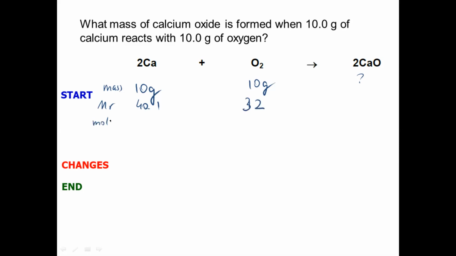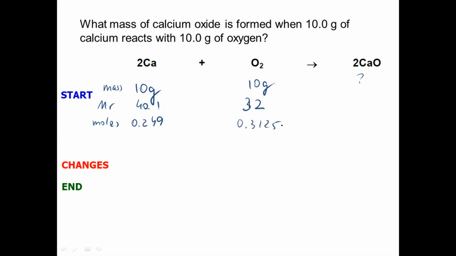To work out the moles, 10 divided by 40.1 gives you 0.249. Let's keep 3 significant figures. And 10 divided by 32 gives you 0.3125. Okay, so these are the moles.